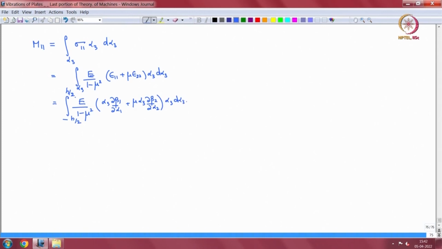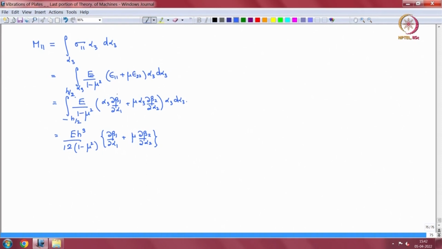Okay. So this results in E h cube by 12 into 1 minus mu squared, into del beta 1 by del alpha 1 plus mu del beta 2 by del alpha 2.